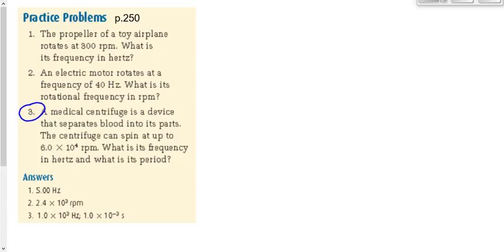So what they do to separate the blood is to put it into a centrifuge, which is basically a device that has a bunch of test tubes in it with the blood, and it spins around. When it spins around, the heavier components of the blood separate. They go to the outside, and the lighter components don't go as much to the outside.